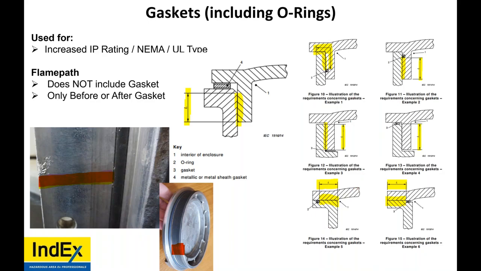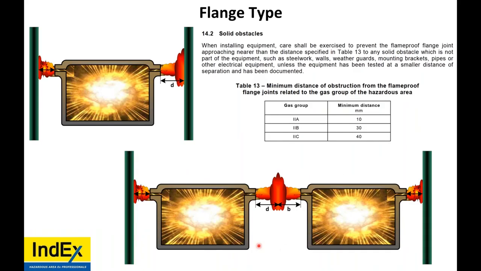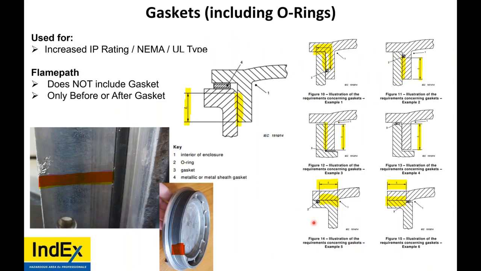Now, when somebody mentioned having a box between these two devices, we're talking about two independent EXD panels, devices, not ones that are interconnected, okay? So be aware that the gasket is not the flame path. It is not part of the consideration of the distance for the flame path. It is for increased ingress protection.